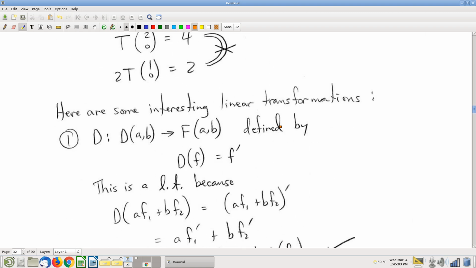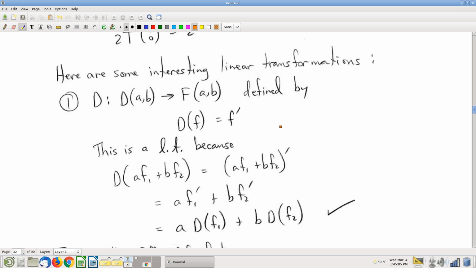So here's a great first example. That is this function here. I'm going to call it D. Side note, we're going to do a lot with this linear transformation. So this is both an example and an introduction to something we'll do a lot with. D is the act of differentiation.